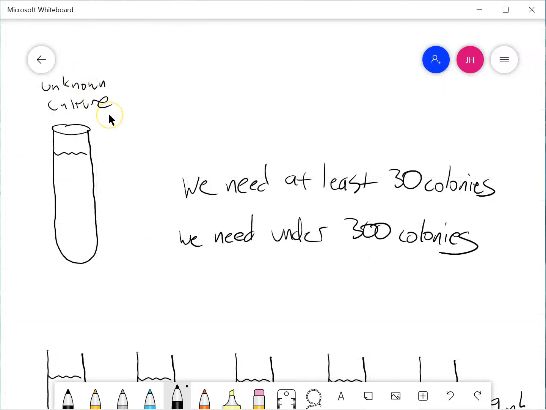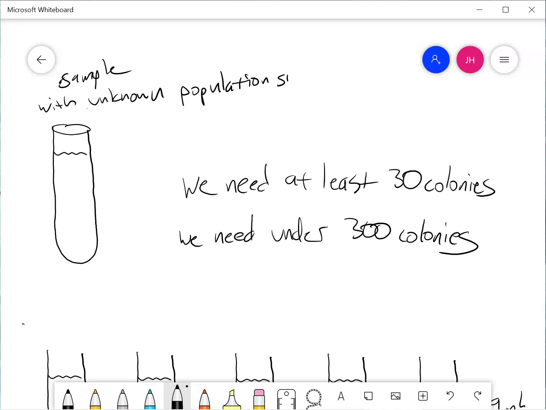Let's make this a little more elaborate and correct and call this our sample with unknown population size. So population size is the number of cells. So our sample with unknown population size, that's this. We're trying to figure out the population size using the plate count technique.